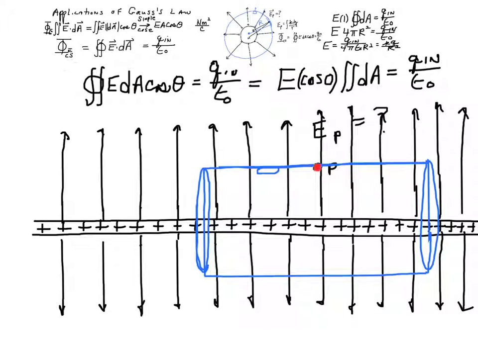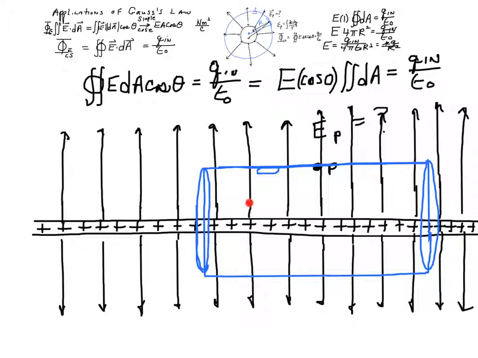E is constant because any place on the surface of the round can is the same distance, the radius of the can, from the center to the surface. So we have E times cosine of 0, which is 1, and all we got to do is integrate all this area. We don't have to integrate this because that has a flux of 0.